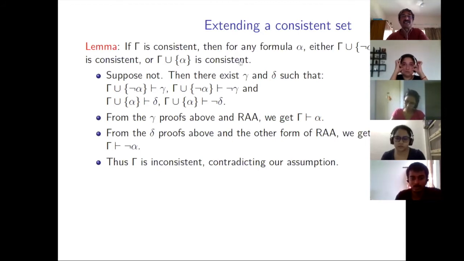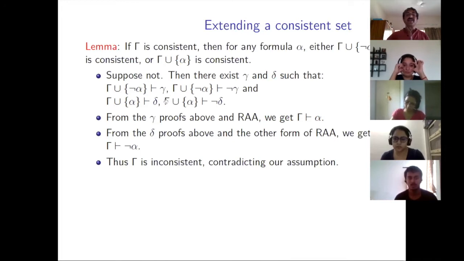From the inconsistency of the second set, you get two proofs, delta and not delta. Now use the deduction theorem to push the not alpha to the right. So you will get gamma derives not alpha implies not gamma, and gamma derives not alpha implies gamma. Now use the RAA axiom and modus ponens twice, and you will be able to show that gamma derives alpha, because you assume negation alpha and you got a contradiction.